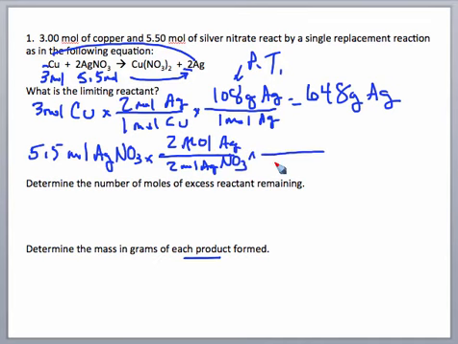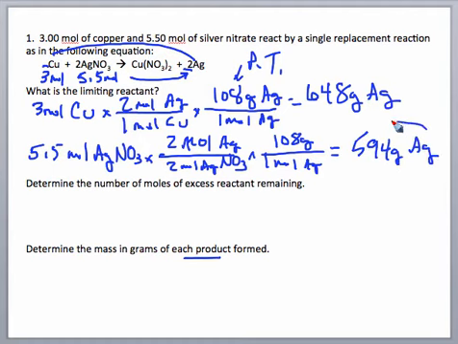And we'll convert that to grams, so 1 mole of silver, again, 108 grams, and let's do the math there. 5.5 times 2 divided by 2, and we get 594 grams of silver produced.